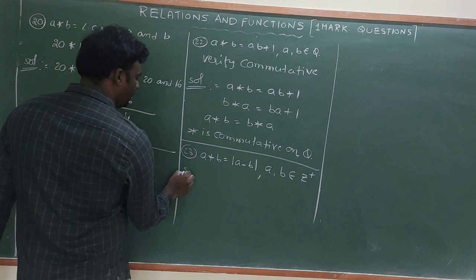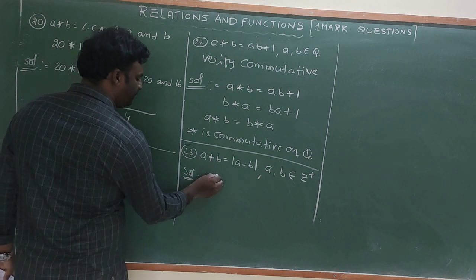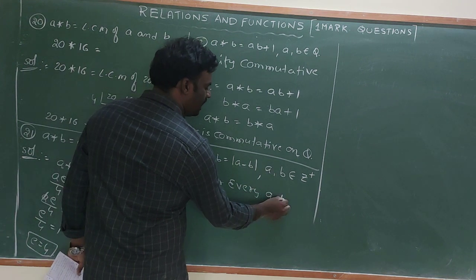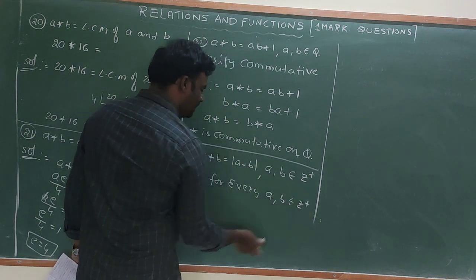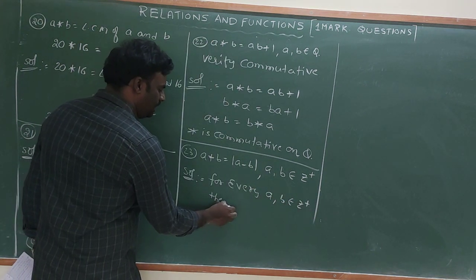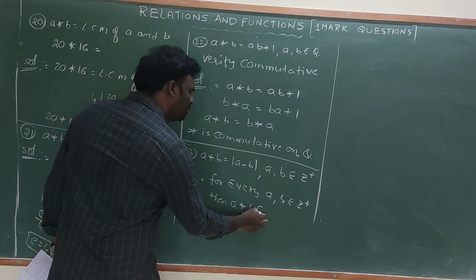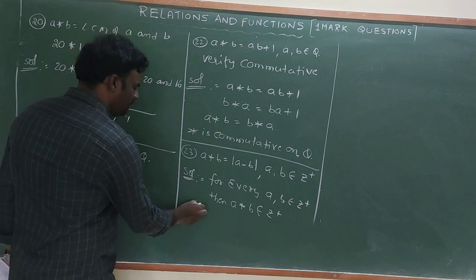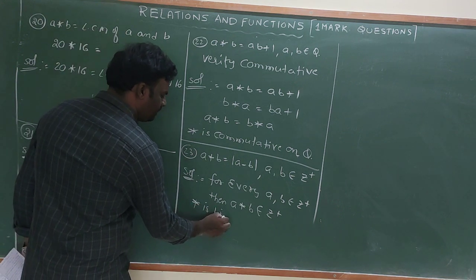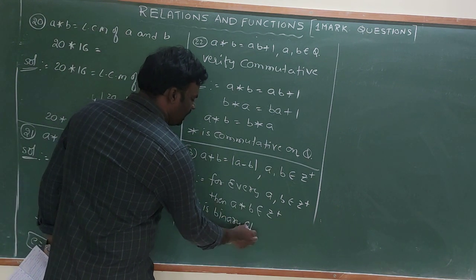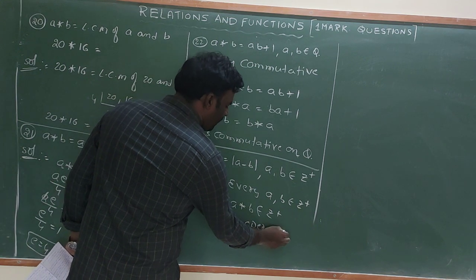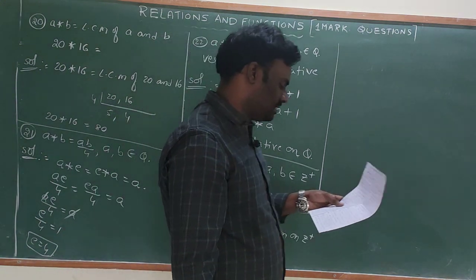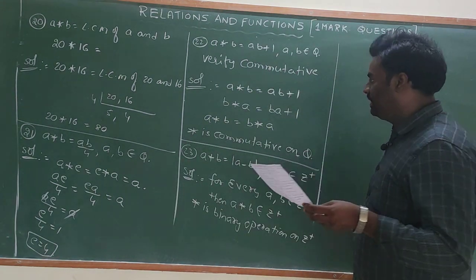Therefore, what we can write, for every A comma B belongs to Z plus, then A star B value also belongs to Z plus. Why? Because mod is there. Then star is binary operation on Z plus. That is question number 23.